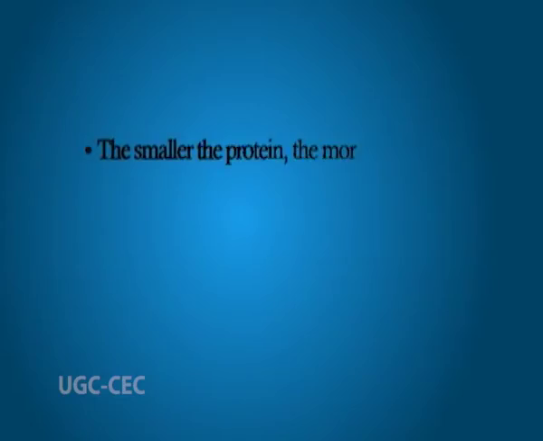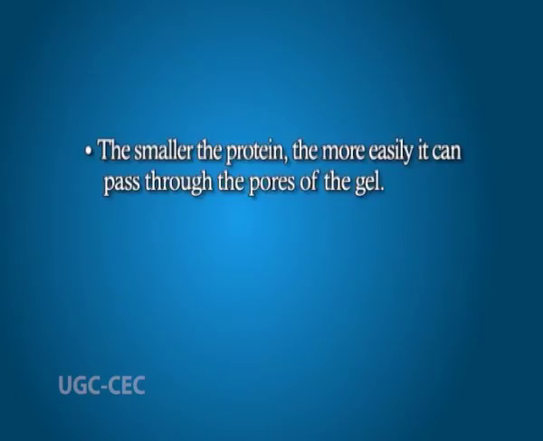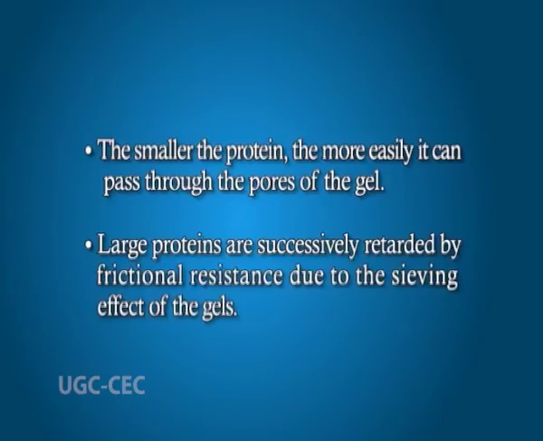Some examples of polyacrylamide gel electrophoresis are: number 1, SDS-PAGE. Proteins are separated according to the molecular sieving properties of the gel. The smaller the protein, the more easily it can pass through the pores of the gel, whereas large proteins are successively retarded by frictional resistance due to the sieving effect of the gel.